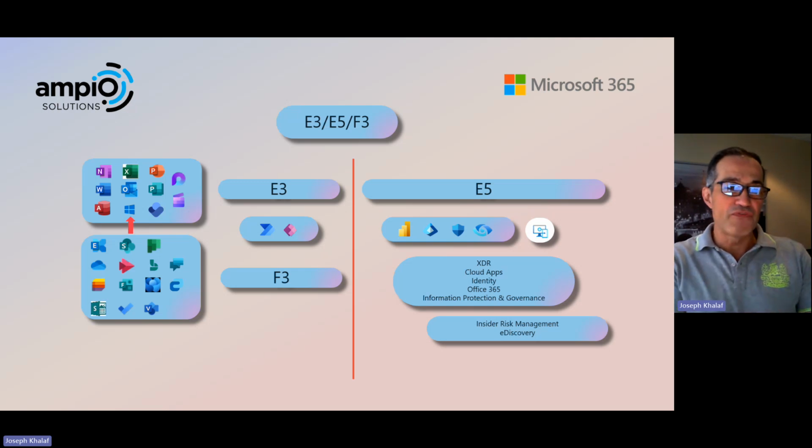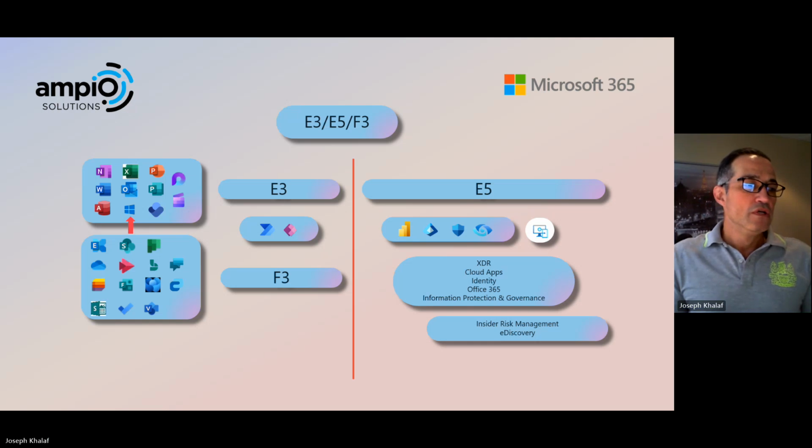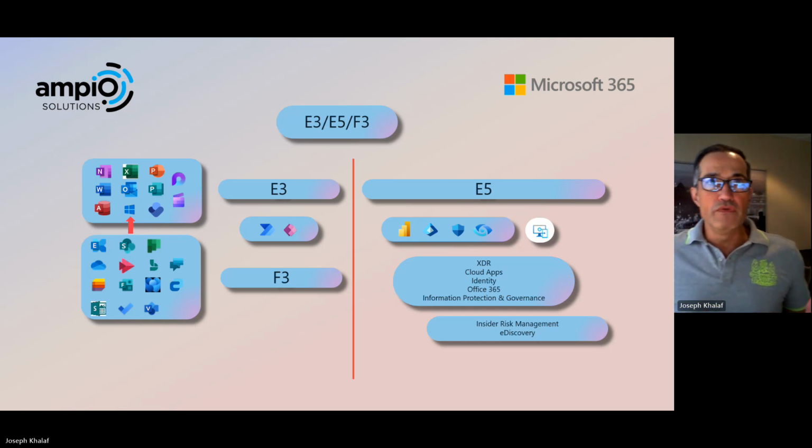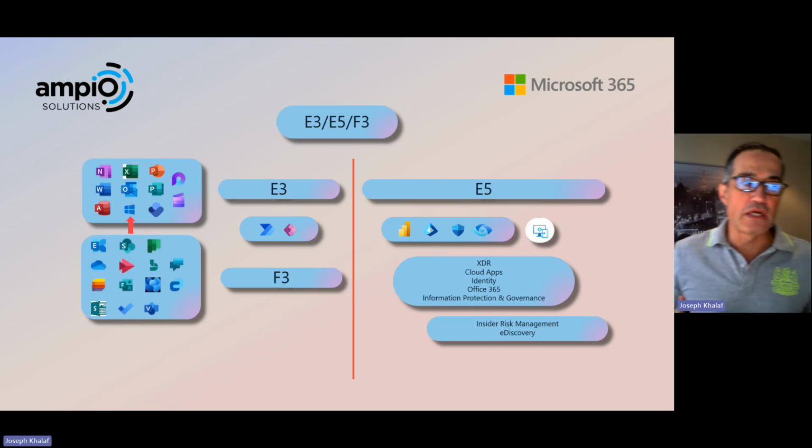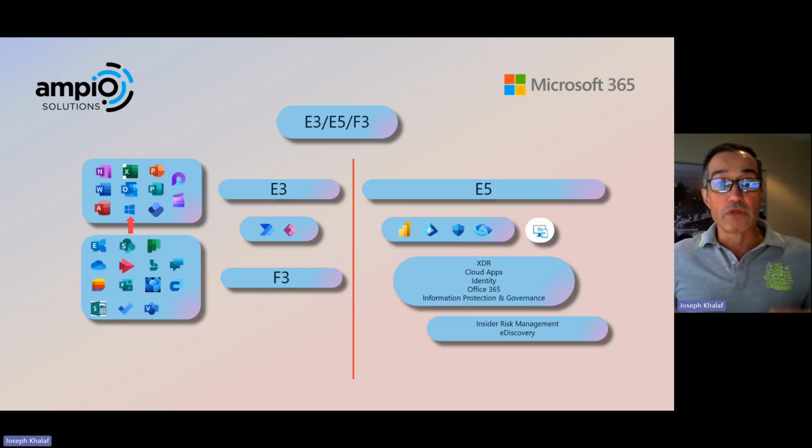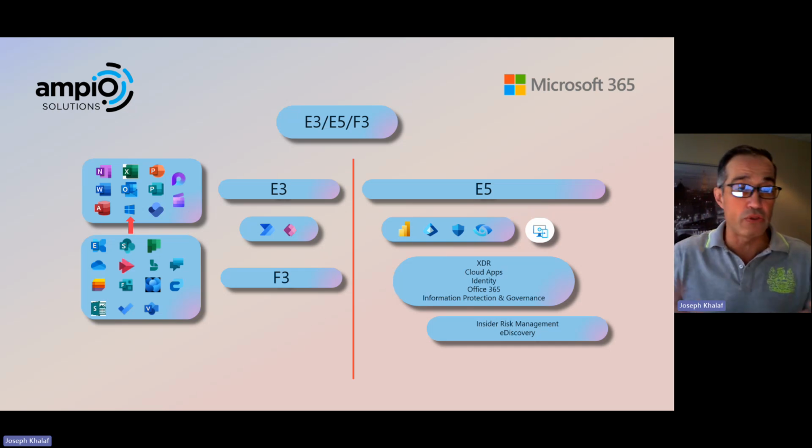So let's talk about F3. What is F3? It's not necessarily fiscally responsible for most customers to give everybody at the company as a whole an E3 or an E5 license.